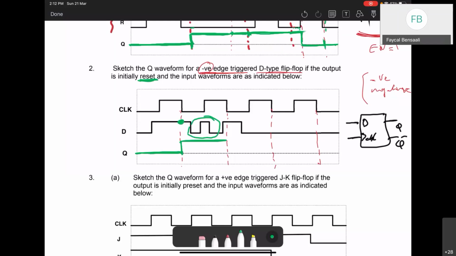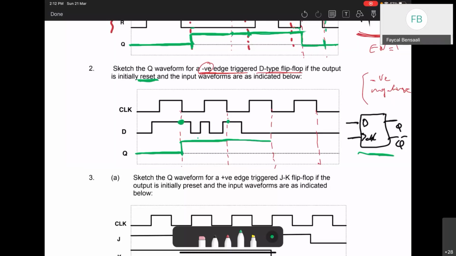Even if D is changing in between, we don't care. We only check on the rising edge or the falling edge, depending on which edge we work with. In this exercise, we work with the falling edge. Next falling edge, what is D? Here D is 1, so it stays 1, until the next falling edge.